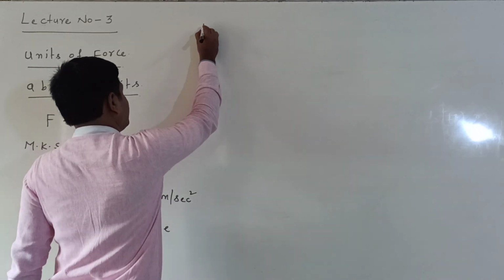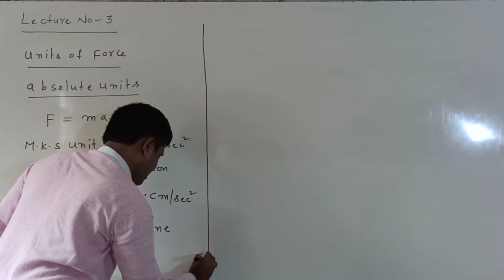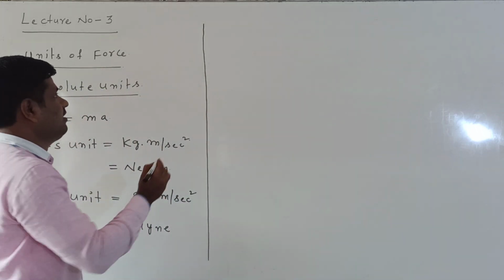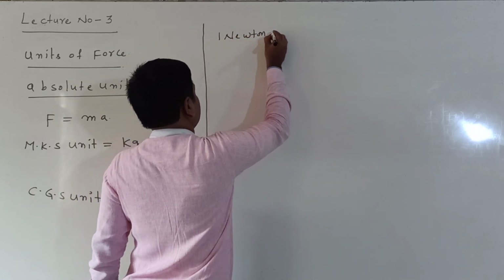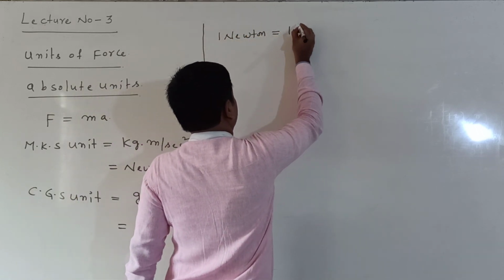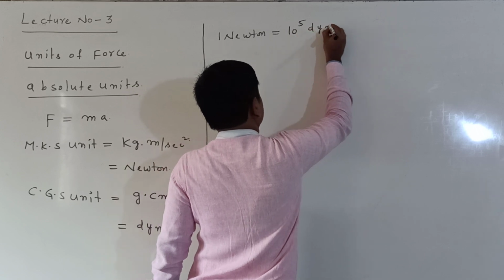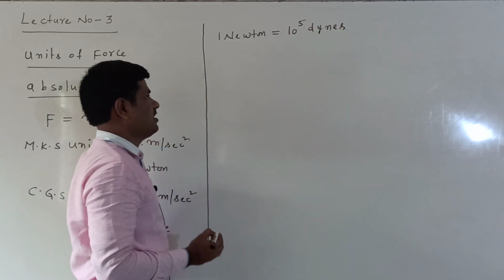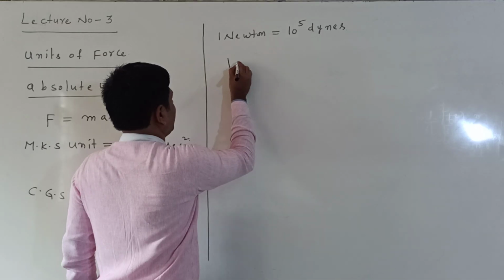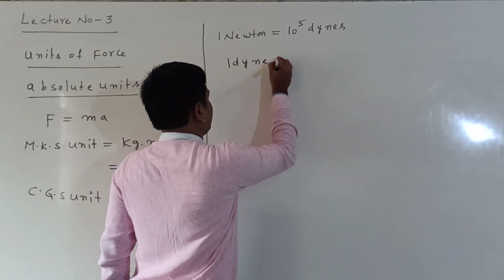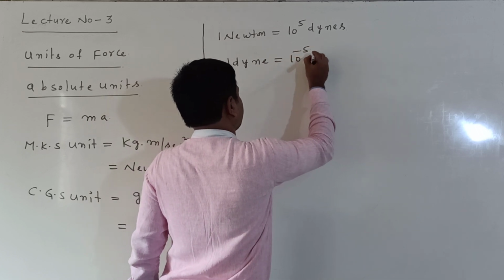Already we know the relation between the Newton and the dyne: 1 Newton is equal to 10 power 5 dynes. Or in the reverse way, 1 dyne is equal to 10 power minus 5 Newtons.